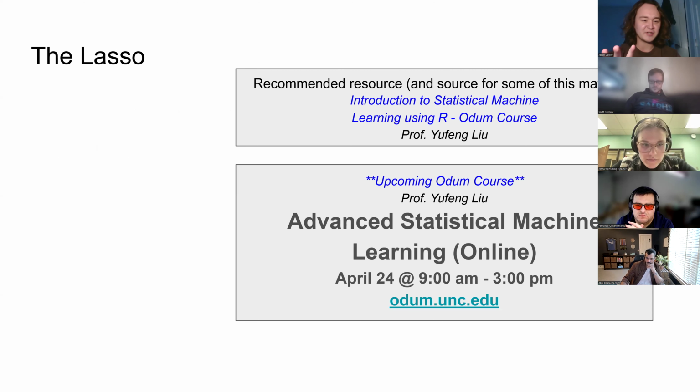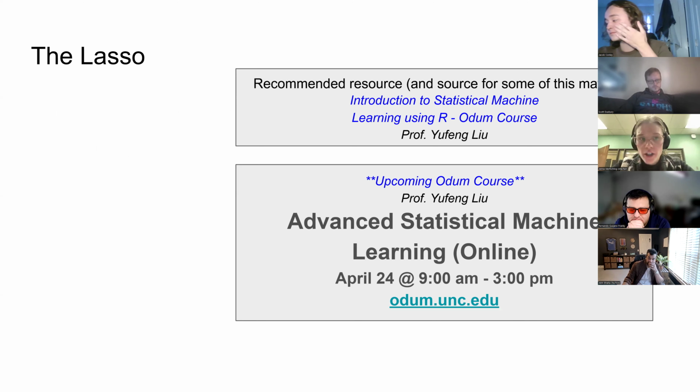Jen, I think you wanted to mention something on this slide. Yeah, so before we get into the details of what the lasso actually is, I did want to call out a couple great resources for UNC students. I actually took an ODM course on this a few years ago. I think it's offered in the fall. It's Introduction to Statistical Machine Learning using R. Highly recommend it. They go over techniques such as this, but also some others.